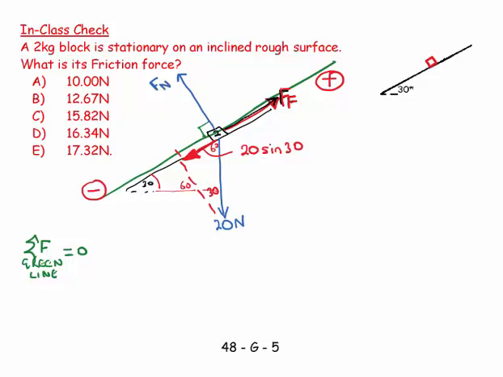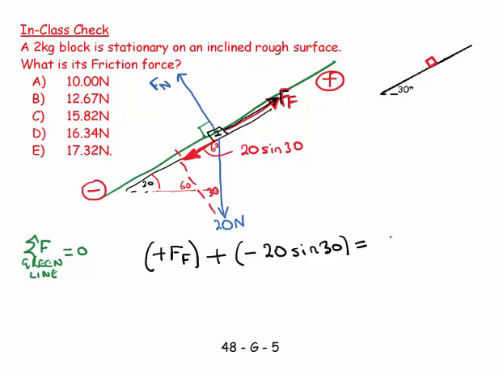And then I say, let's write down an equation. So I'm going to say the sum of the forces along the green line equals 0. So plus FF, sum means added to, minus 20 sine 30. Can you see how the red vector is pointing in the negative direction?